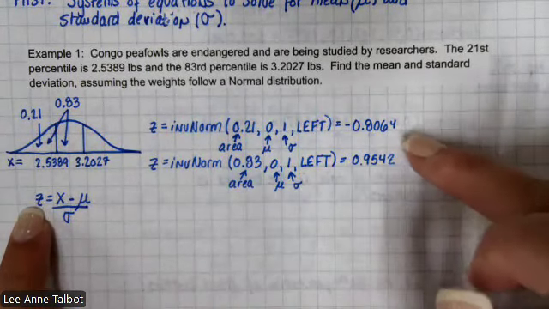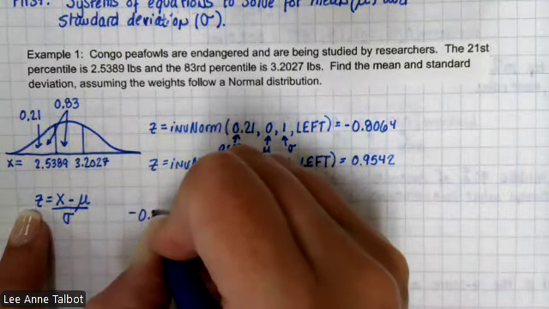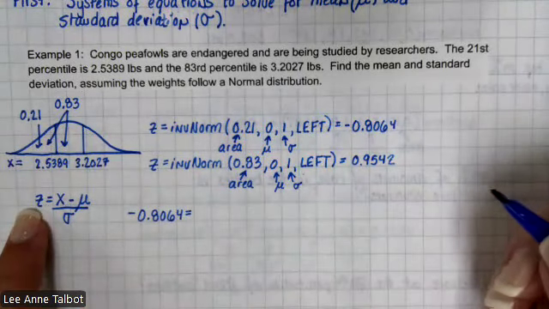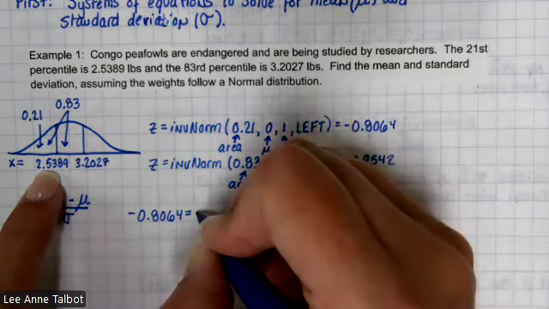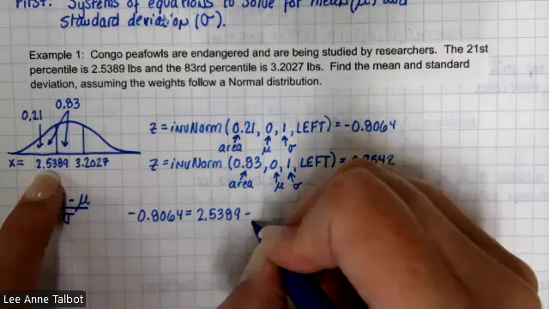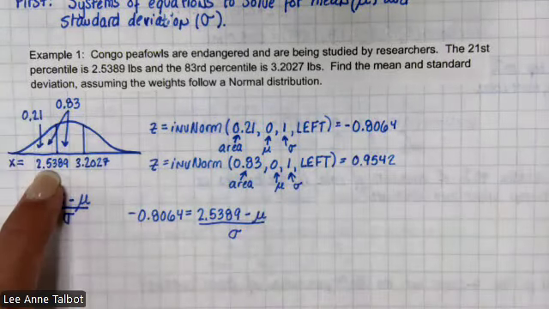So Z, we're going to use this first Z, negative 0.8064 equals, this is the X that goes with that one, minus the mean divided by standard deviation.